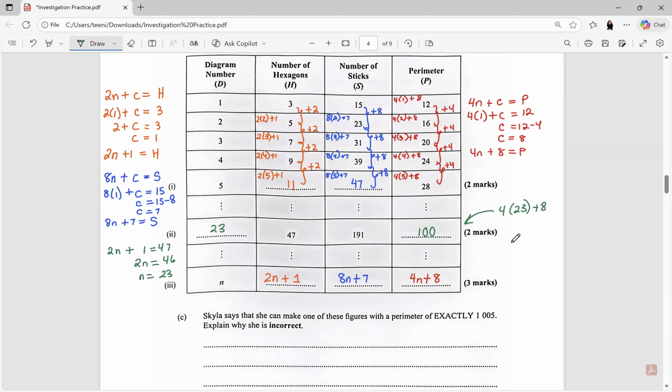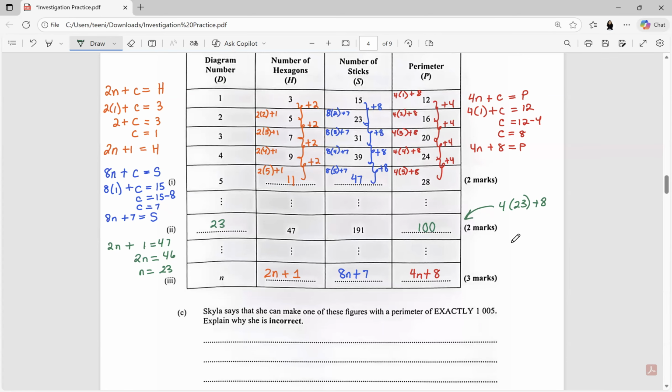So repeated addition of 4 is the same as multiplying by 4, which means that the parameter is a multiple of 4. And since 1005 is not a multiple of 4, that's why Skylar is incorrect. Ari, does that make sense? Yeah. So the parameter has to be a multiple of 4, and 1005 is not a multiple of 4.